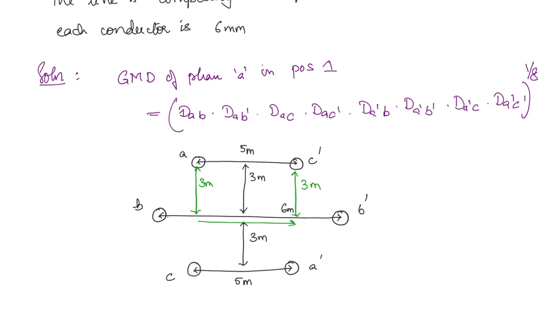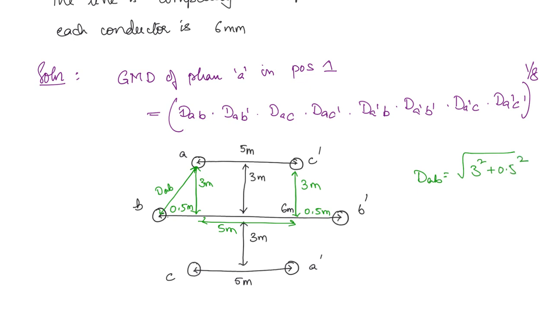Since this is all symmetrical, this distance and this distance will be equal, right? So the remaining 1 meter will be divided between these two. So what will be the left out here? 0.5 meter will be left out, and this is also 0.5 meter. So here you have a right triangle, and this is the distance DAB. So DAB is equal to root over 3 square plus 0.5 square.